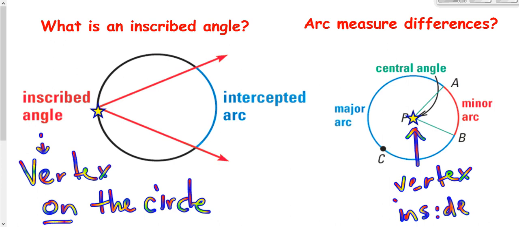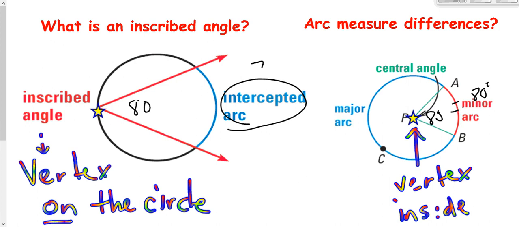So one of the things we'll talk about is the difference in the angle measure. Here on the right, if we said this angle was 80 degrees, we knew that the arc was the same. These two were equal to each other. If I say that the inscribed angle here is 80 degrees, is the arc the same measurement?